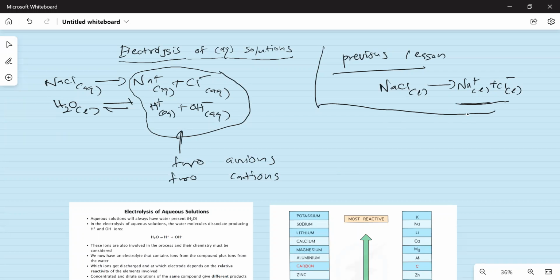But there we have only one anion and one cation. So that's why I need a kind of theory to get an idea of which anion and which cation react when I'm electrolyzing aqueous solutions.